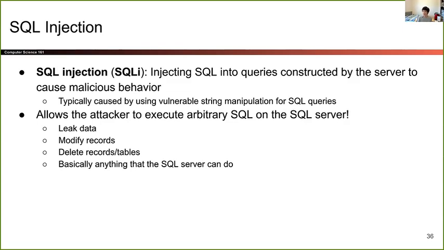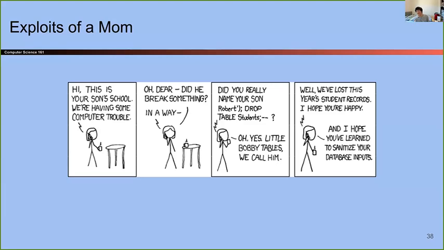So there are a couple examples of how this is exploited in the wild. There were a couple examples that were given in the original version of these slides, but all of them were too old. So we just have a couple of funny comments here. This is an XKCD. We see that the mother named her son Robert, quote, close parenthesis, drop table students, and we have this same structure here.